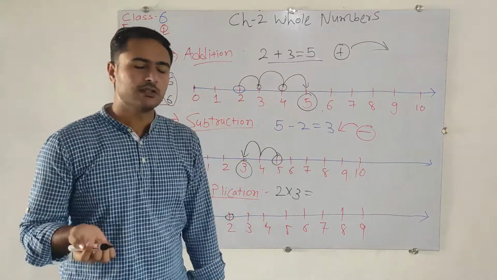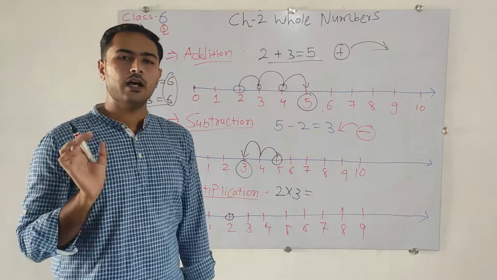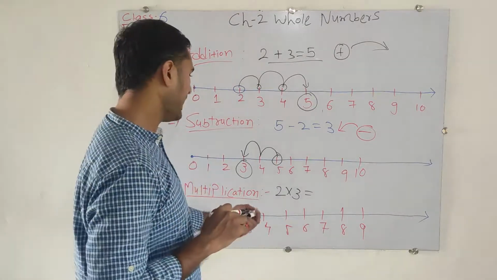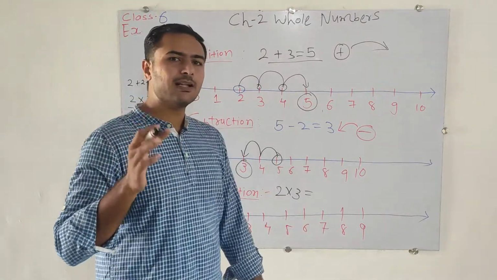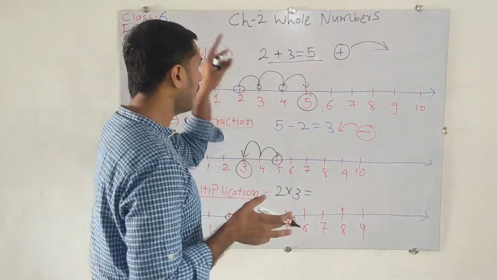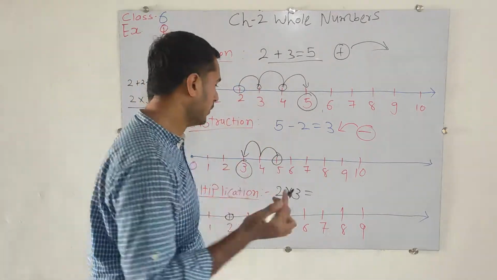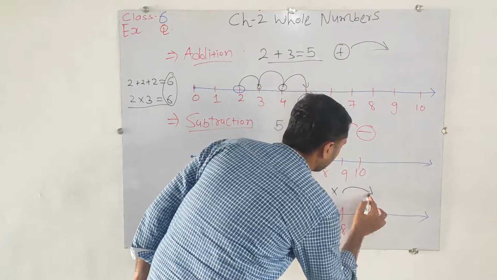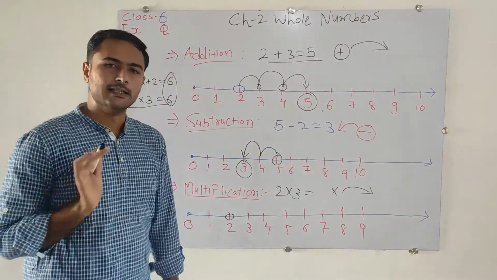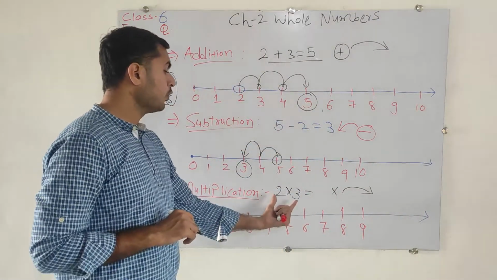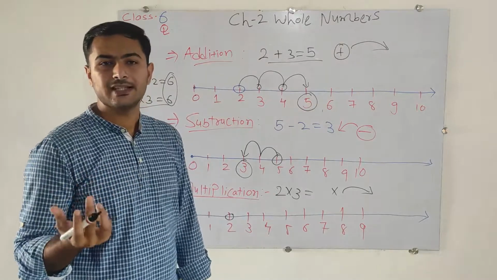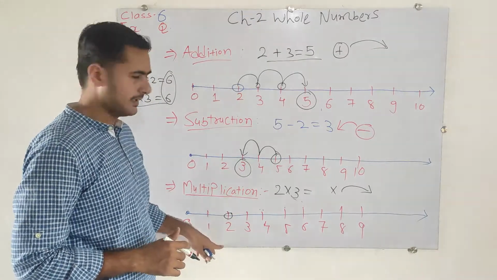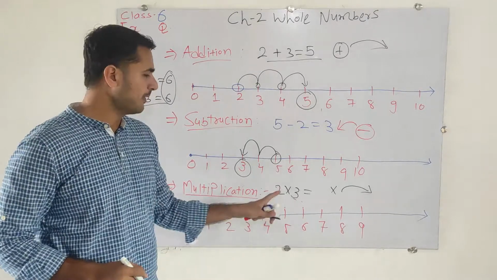Now the next process is multiplication, which is something different. In multiplication, it is fixed that for whole numbers you always move towards the right-hand side. Now see here, 2 times 3. First of all, we mark the 2. Here we are doing 2 multiplied by 3.